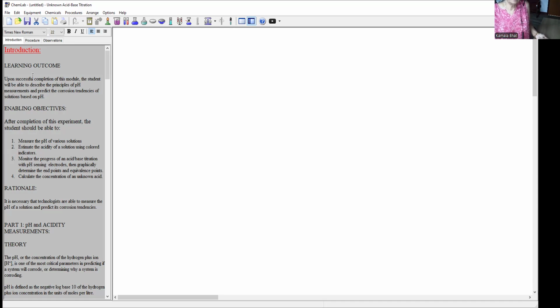Now, there is a big difference between the terms endpoint and equivalence point. Equivalence points are always measured when we use our eye as the device to determine the completion of a reaction.